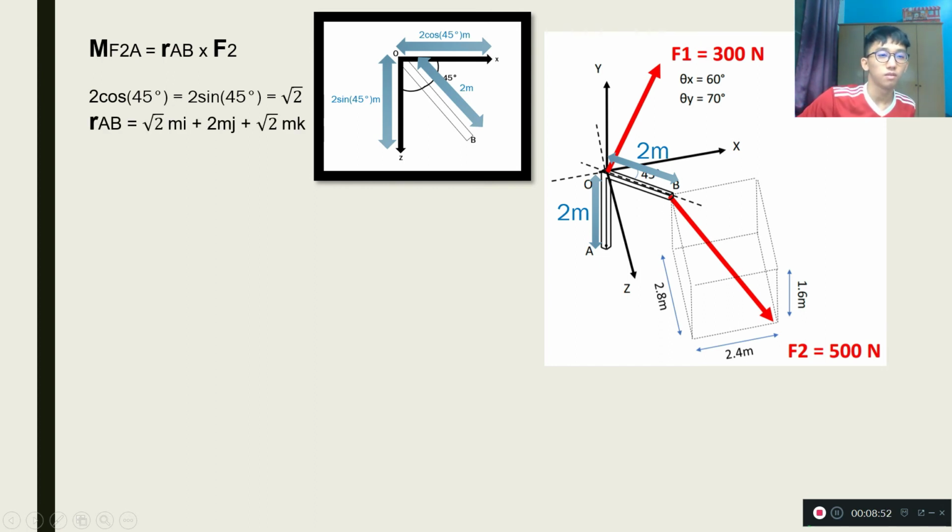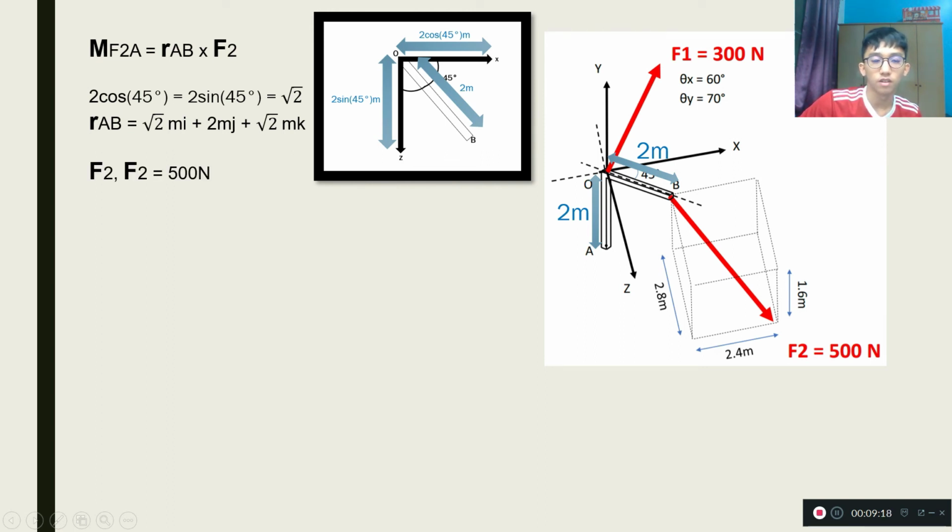And then I will get R_AB as root 2 i plus 2j plus root 2 k. The reason why I put the plus here and here is as I explained just now.